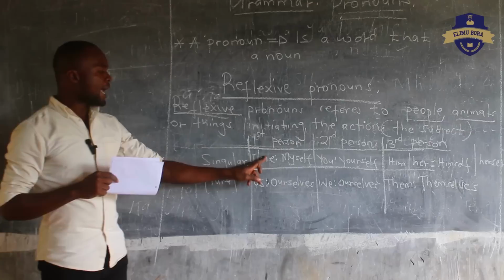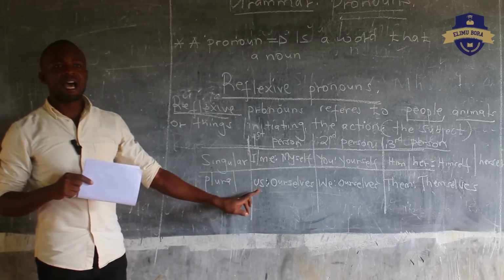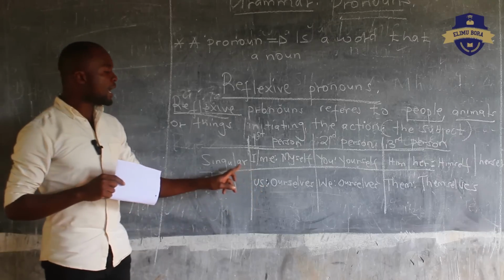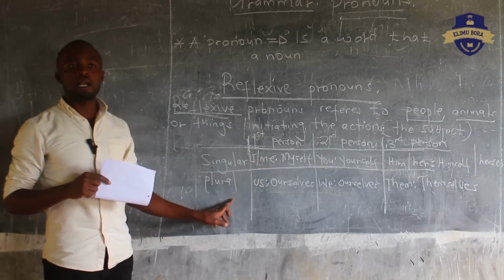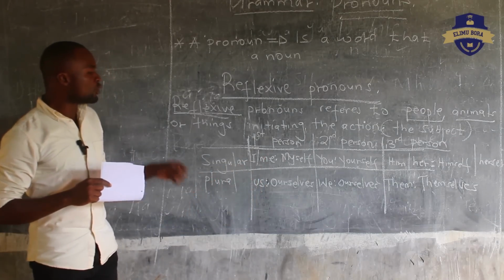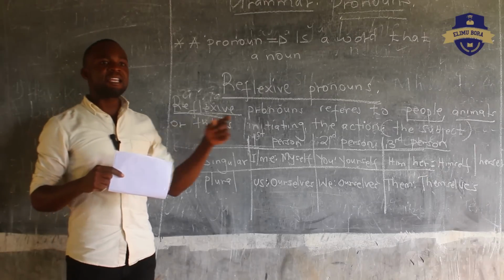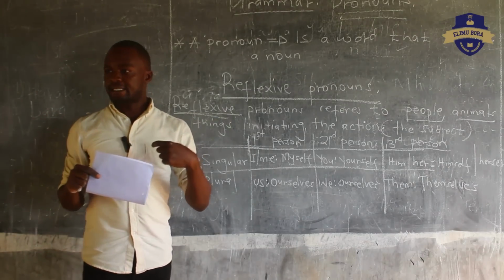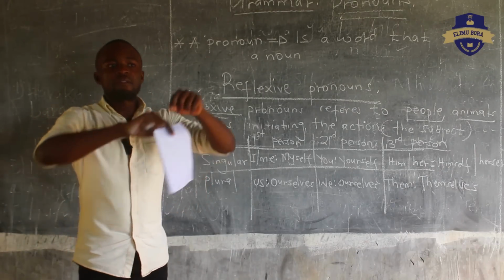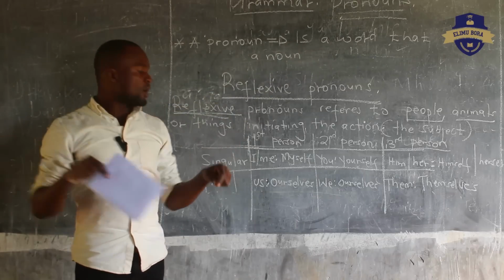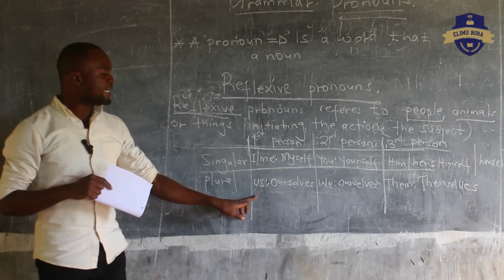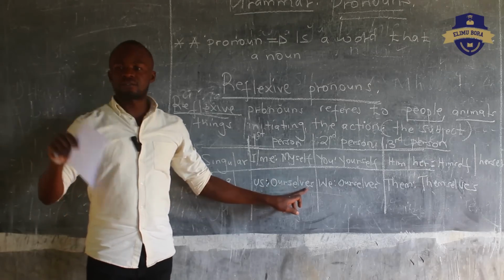Singular, I. Plural, us. So when you are referring to I, you say I did it myself. When we are referring to many of us, we say we did it ourselves.